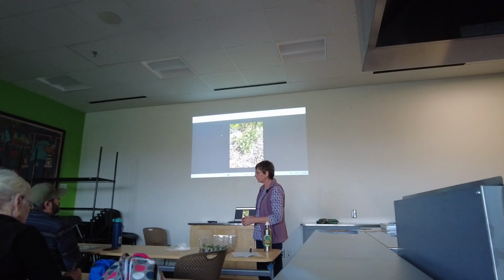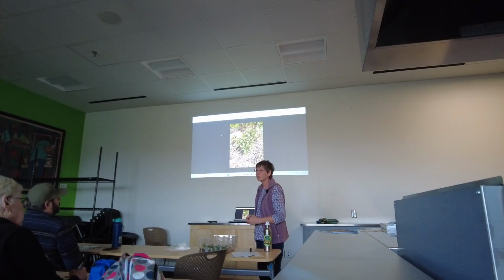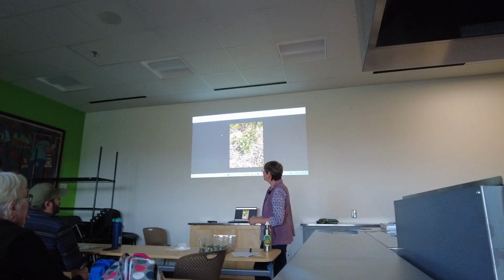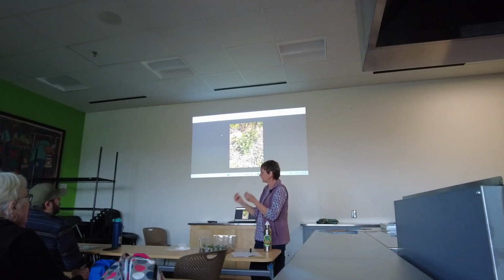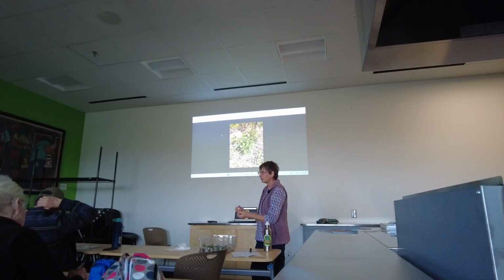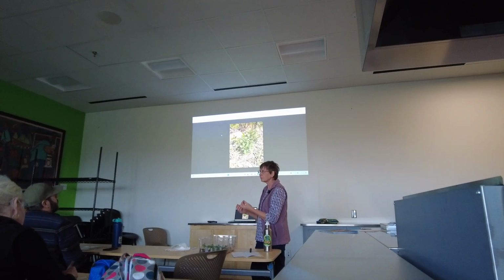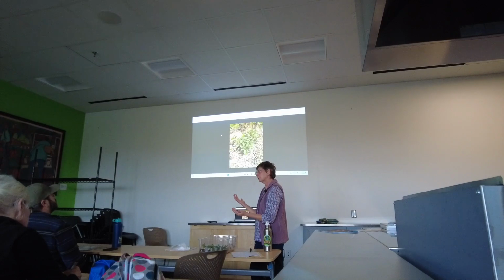So look for it, forage it, plant the seeds in your yard. The cultivars can be used in a similar way, but they're all going to have different degrees of that heat and oil. Some of them smell really skunky, so you can figure out what you want to use it for.